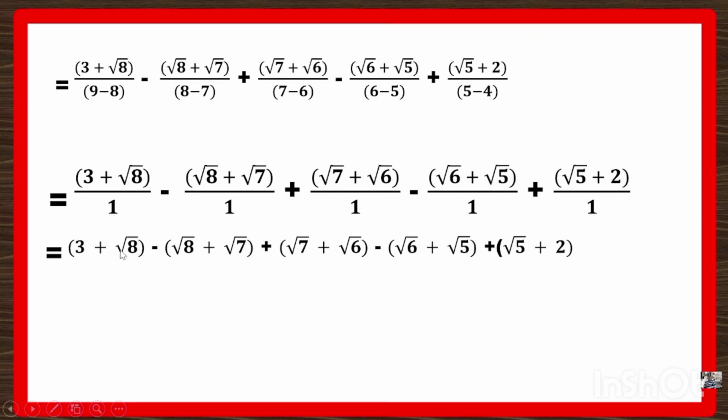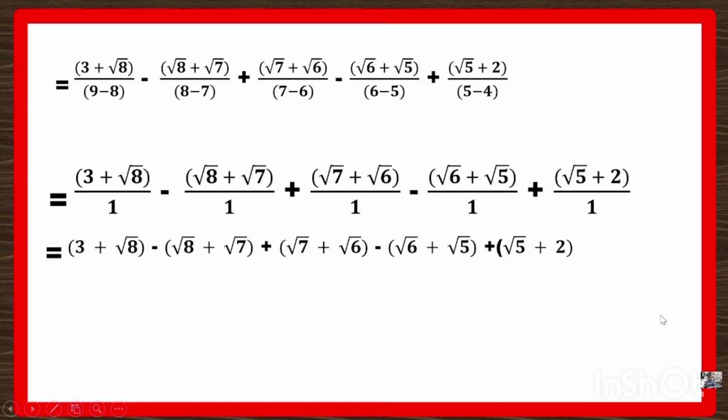You see here 3 plus root 8, before the bracket there is no sign, means which sign? Plus sign. So we have to multiply the sign, plus into plus is plus 3, and plus into plus is plus root 8. Okay, understand? After that you see here there is a minus sign before the bracket, so we have to multiply the sign, minus into plus. Here root 8 means which sign? Plus sign. So minus into plus is minus root 8, and minus into plus is minus root 7.